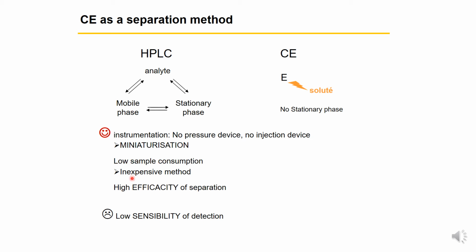This is an inexpensive method. And the major advantage of capillary electrophoresis is the high efficacy of separation as compared to HPLC. But the problem is that for UV detection, for example, we have a low sensitivity of detection because we are in a miniaturized format.